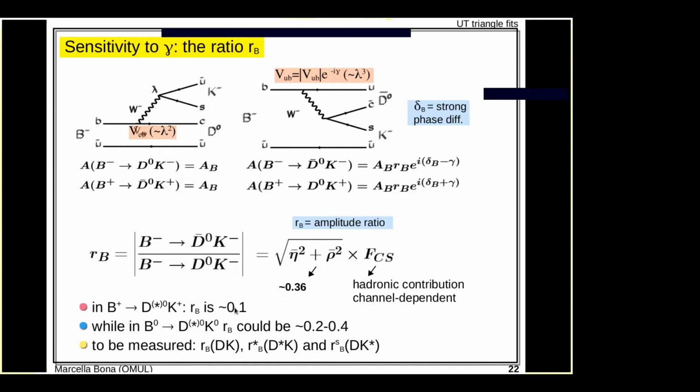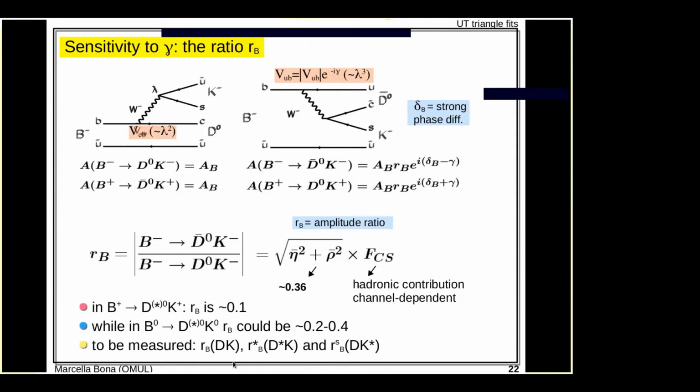So these are some numbers, for example 10% for decays with the K plus. When you do an analysis, there are different methods you can use to measure gamma, but most of them will also give you this ratio as part of the observables.